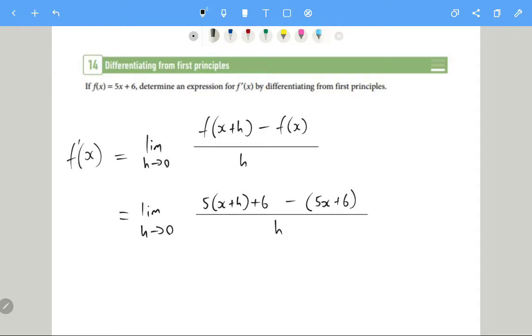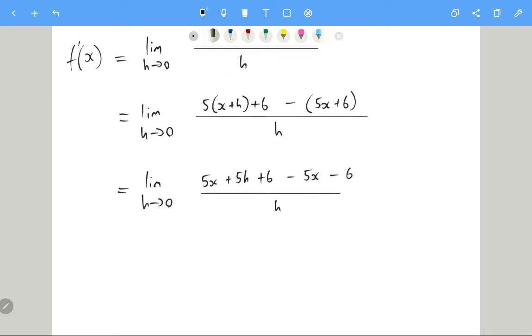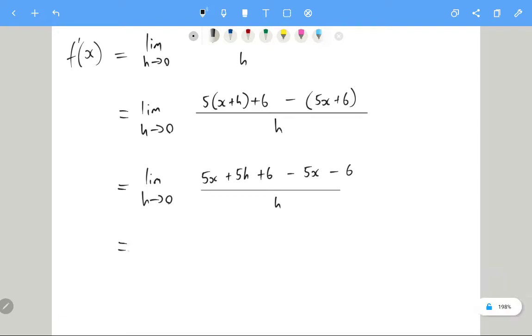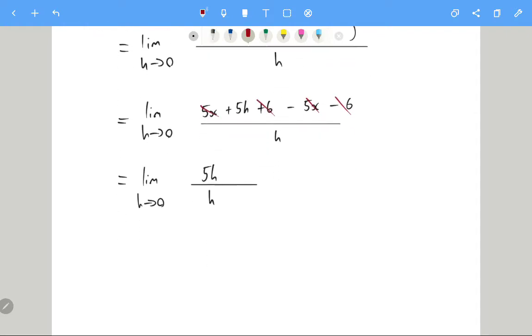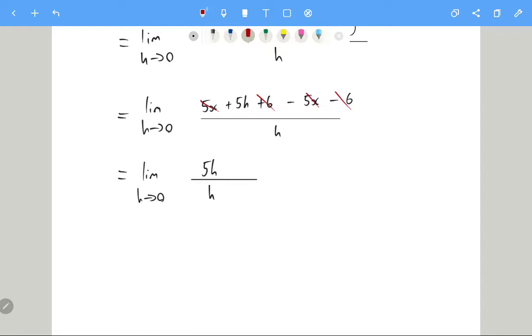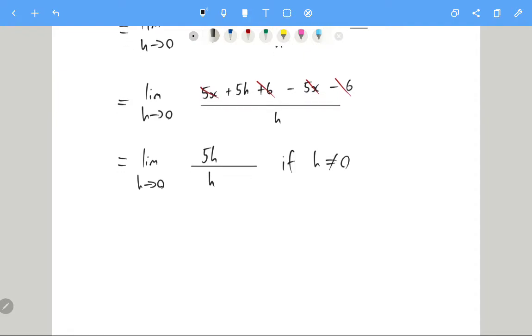Alrighty, expand the brackets, successfully expanded, collect like terms. The 5x cancels with the minus 5x, the 6 cancels with the minus 6, so we're just left with 5h over h. Now, we can divide h by h and cancel that out if and only if h is not equal to 0. If it was equal to 0, we wouldn't be able to do this, because 0 divided by 0, we don't actually know what that is.